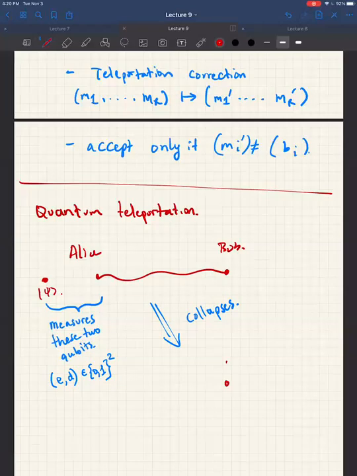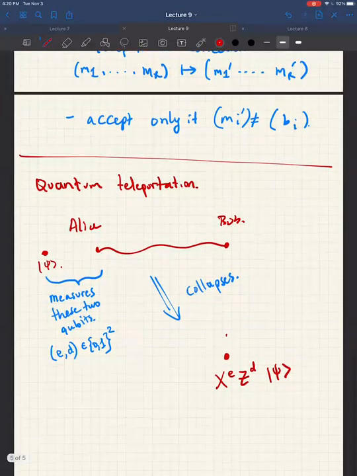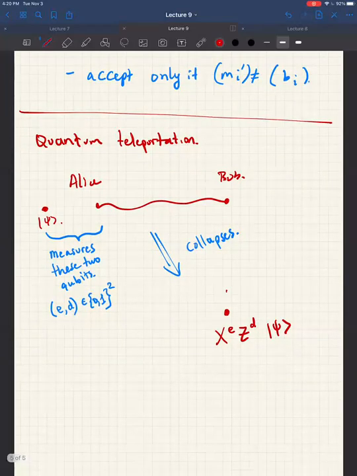Bob still has his qubit, but it's now in the state X^E Z^D psi, where X and Z are these Pauli operators applied to psi. So Bob basically has the qubit that Alice had, except there is this spurious Pauli correction applied to psi. We call this the Pauli correction.